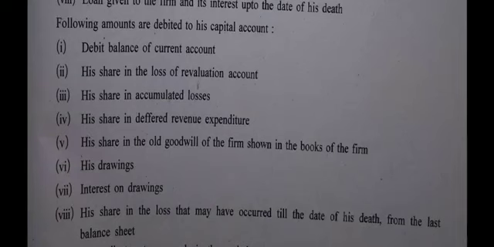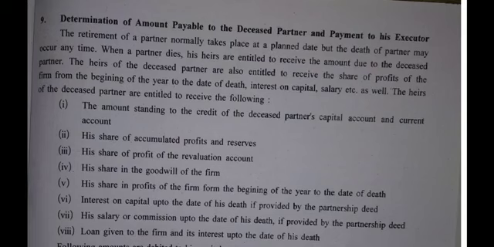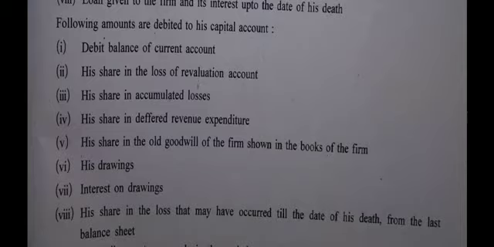The very first thing is debit balance of current account, of course, is to be debited, and his share in the loss of revaluation account. When it is profit, it is to be credited. We just saw here in the third point, his share of profit of the revaluation account is to be credited, and here if you will see second point, his share in the loss of revaluation will be debited.